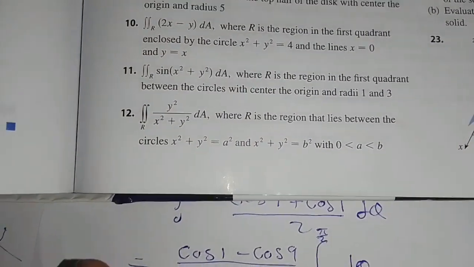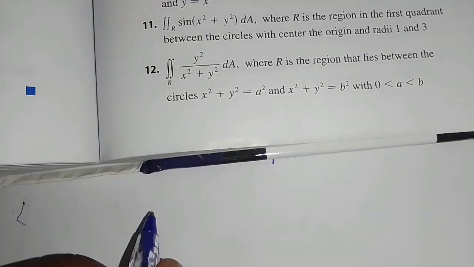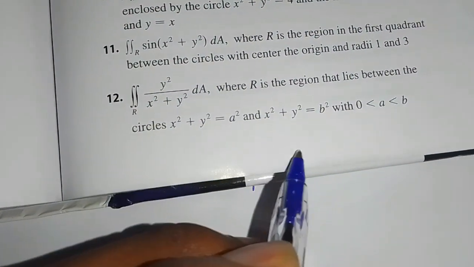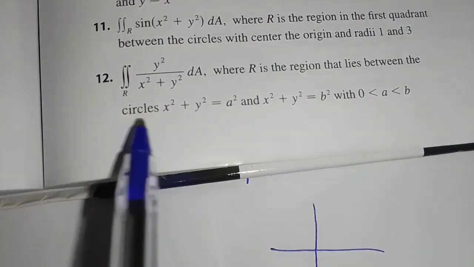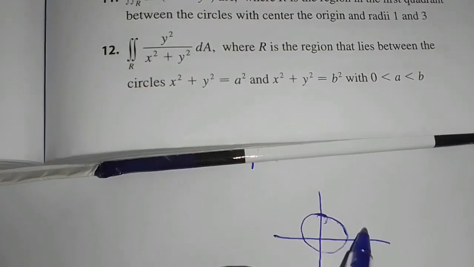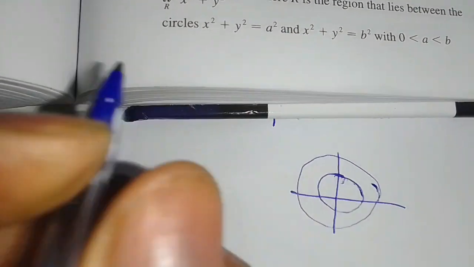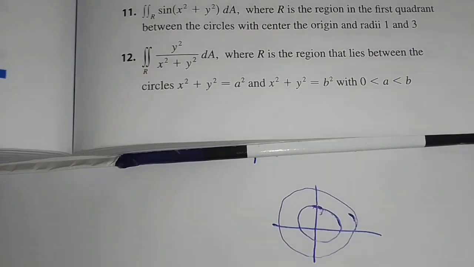So it's just the same problem, but now, okay, let me just write the formula for that. Let me just draw that region that lies between the circles. So now you have the inner circle with radius a, and the outer circle with radius b. Forgive my sketching, but as long as you get the idea of what's happening.